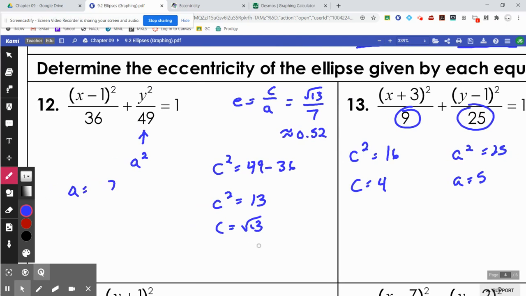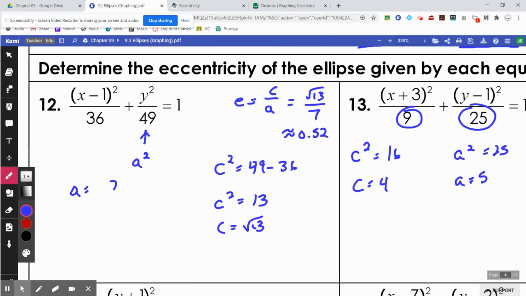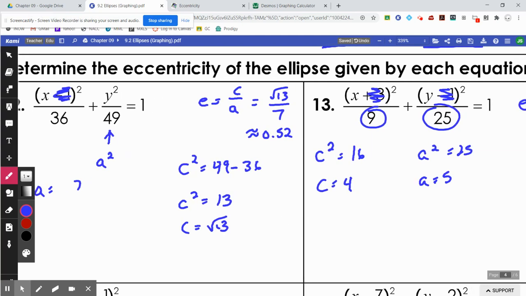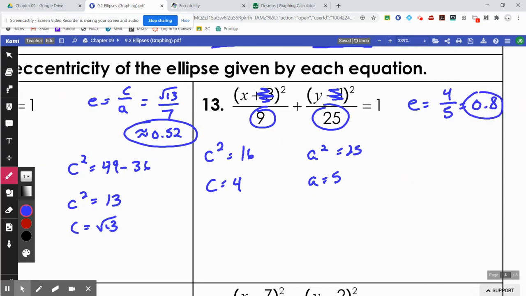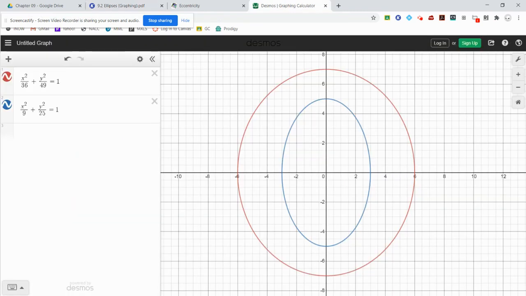Okay, now what I'm going to do is graph each of these. I am going to graph them without their transformations, just centered at 0, 0, because I want you to understand what eccentricity means. The first ellipse had an eccentricity of 0.52, the second one 0.8. The first one was much closer to 0 than the second one. The closer you are to 0, the closer it's going to resemble a circle, and that's what we see here.